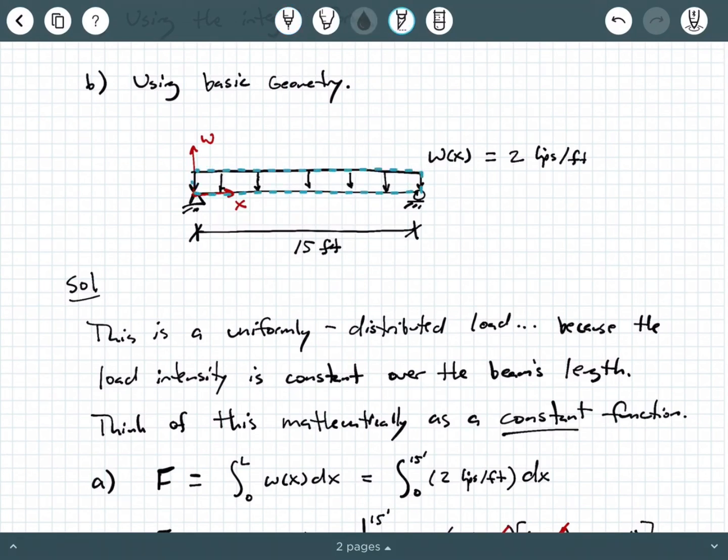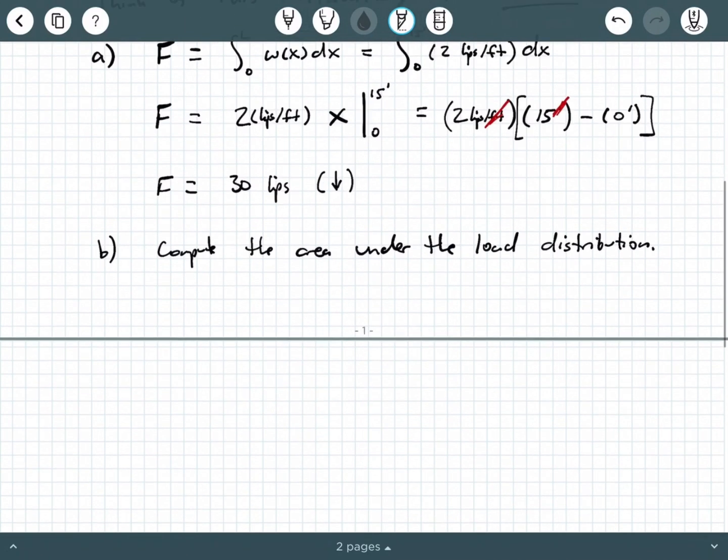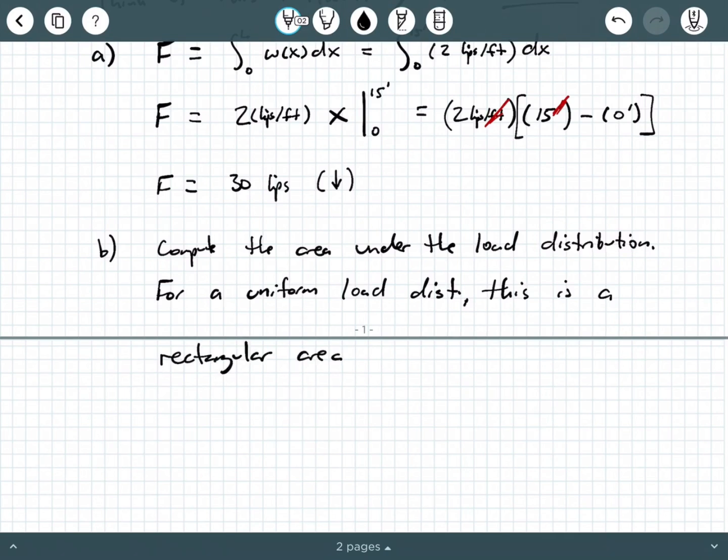For a uniform load distribution, this is a rectangular area. So all we have to do here is say F equals 2 kips per foot.